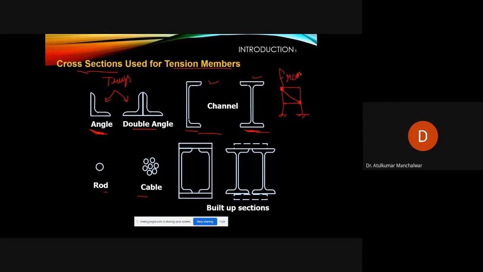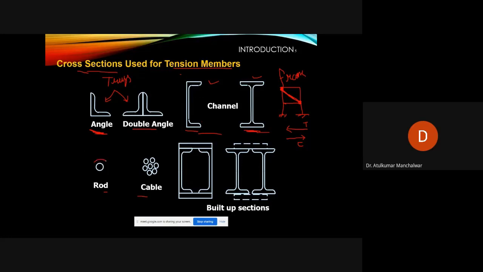If the connection of a diagonal member is a pin connection, it will be considered a tension member or a compression member depending on the direction of movement of the frame. If your frame is deflecting in this direction, this member will exhibit tension. If your frame is deflecting in this direction, this member will behave as a compression member. So in the compression member, mostly channel sections are used, and in the tension member also this is used.